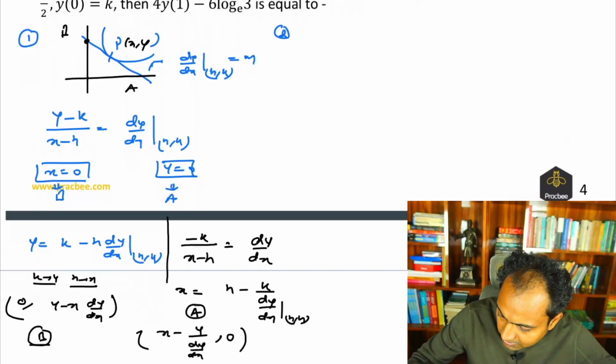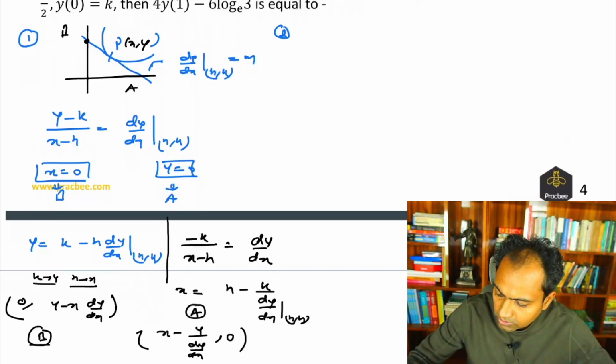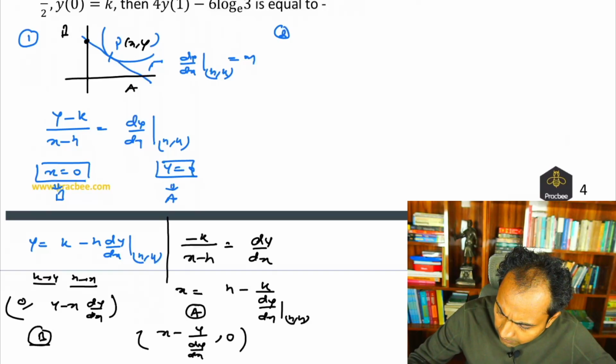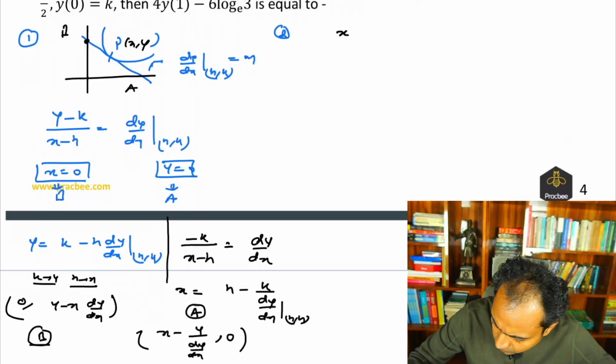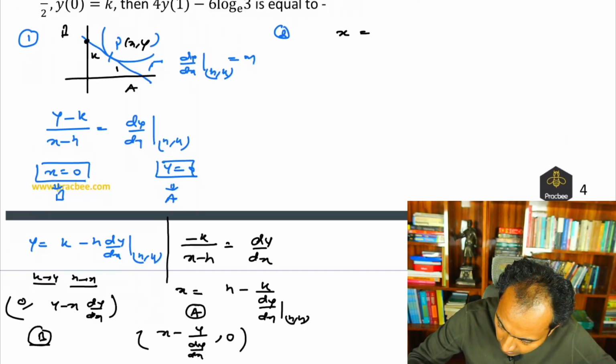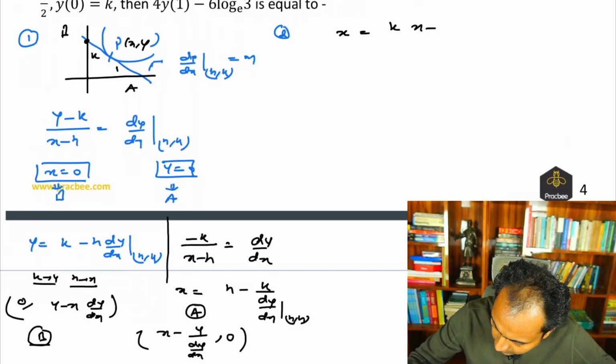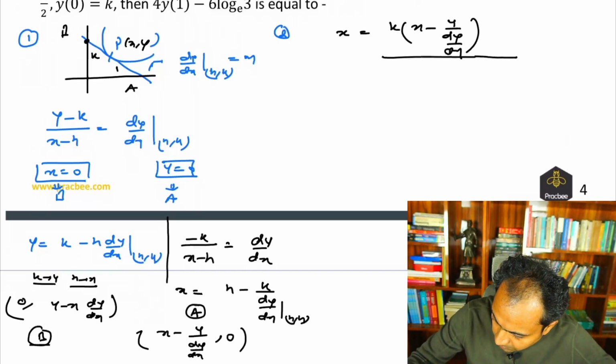In the next part, let us apply the section formula. If I apply the section formula for the x coordinate, x would be equal to nothing but, since PA to PB is in the ratio 1:k, k into the x coordinate of A, that would be k into x minus y by dy by dx, plus 0, divided by k plus 1.